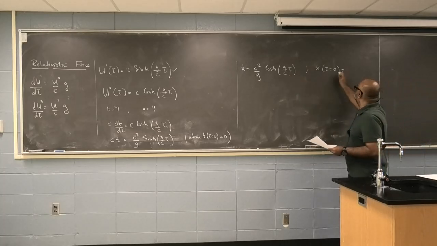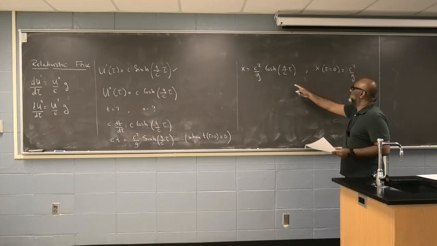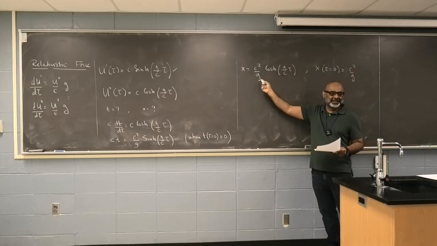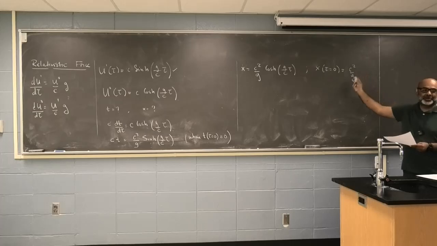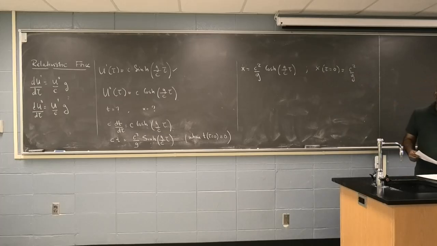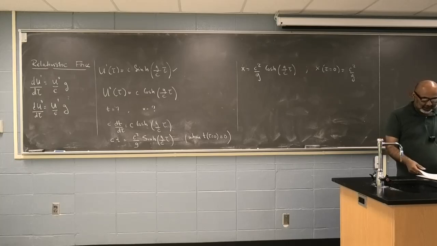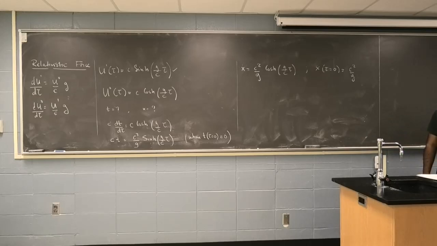This works out so nicely because cosh of 0 is 1. Otherwise, if you say 0 for that, you will get an extra constant on the outside. There's a reason why I want the constants on both of those to go to 0, just so that I know how to graph a nicely centered parabola. Otherwise, I don't know how to graph it. It just makes things look prettier to draw. If I were drawing, which I'm not, the constant would just be negative c squared over g, wouldn't it? You can put any constant plus some x0.